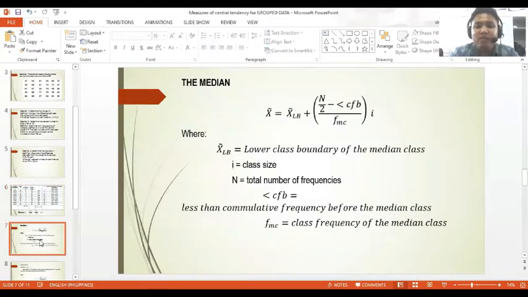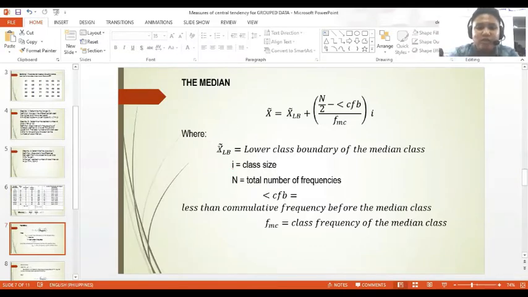Ang median naman po, ito yung formula ng median natin. So median is equal to LB plus the quantity n divided by 2 minus the less than CFB, or the cumulative frequency before the median class, divided by the frequency of the median class, times the class size.